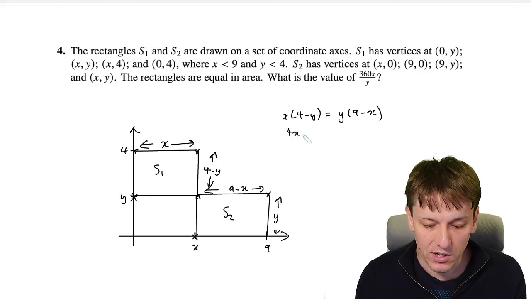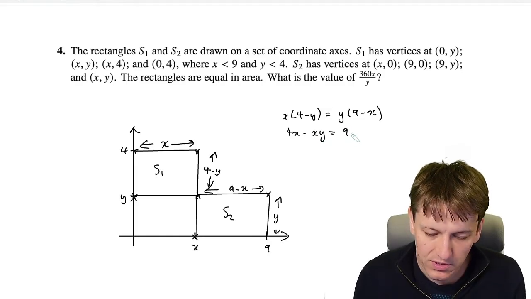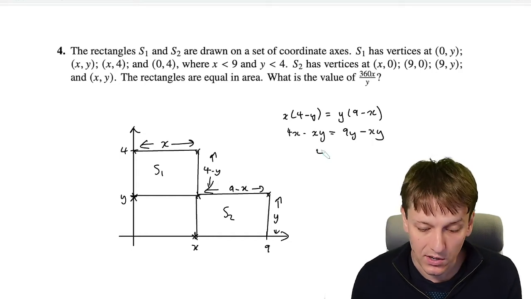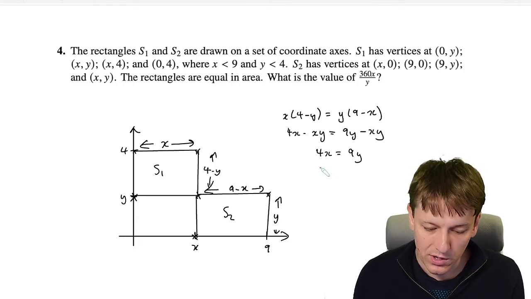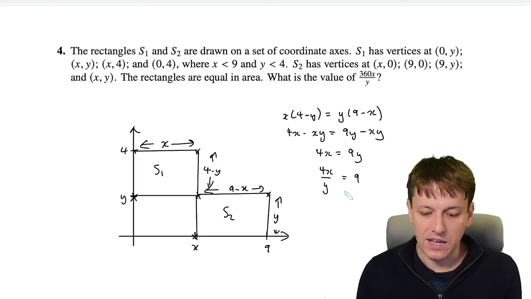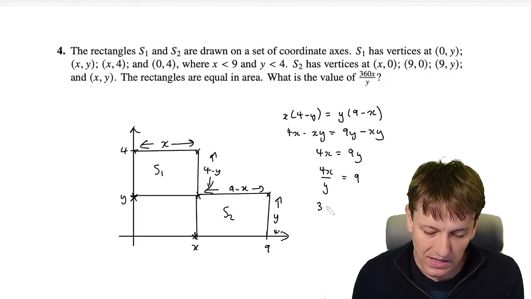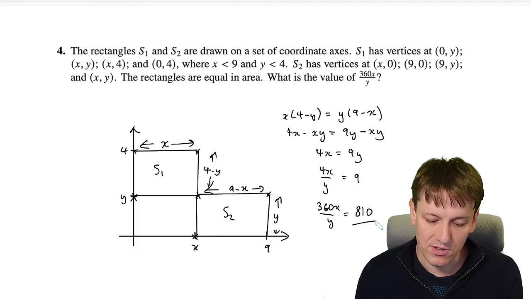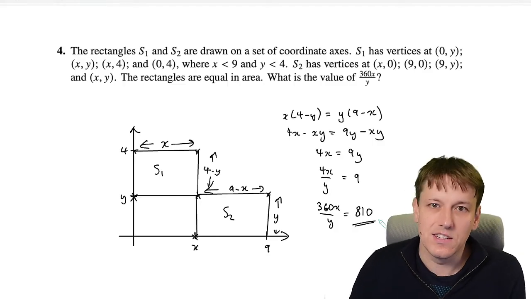If we just multiply those out, we get 4x minus xy equals 9y minus xy, so the xy's cancel out, adding xy to each side, we get 4x equals 9y, and we want 360x over y, so if I just divide both sides by y here, I get 4x over y equals 9, so to get 360x over y, we just multiply both sides by 90, and so we get 360x over y equals 9 times 90, which is 810. They do a bit of manoeuvring in these questions to make sure the answers are 3-digit numbers at the end.